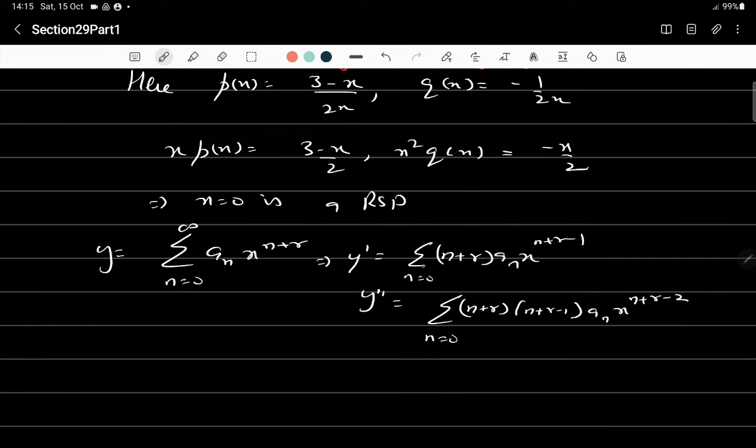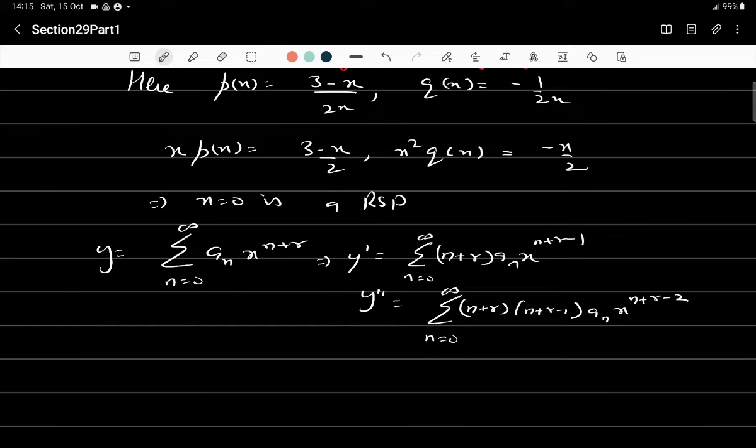Now we always write the summation from 0 to infinity, especially in case of regular singular point, because it depends on the values of r. For example, if r is minus 3, then the first term would be x raised to the power n minus 4. It means that n must start from 4.